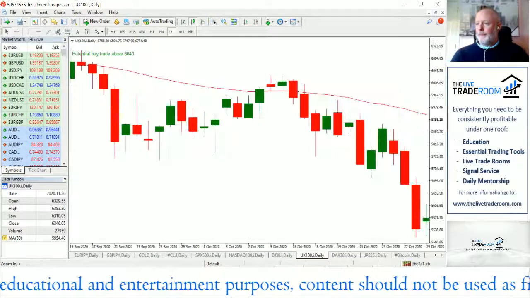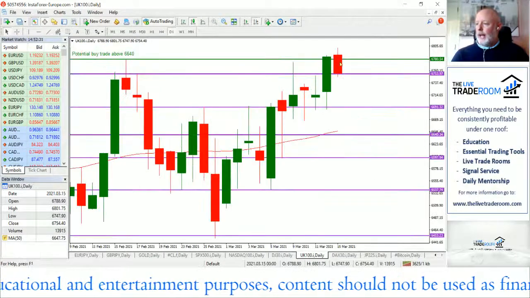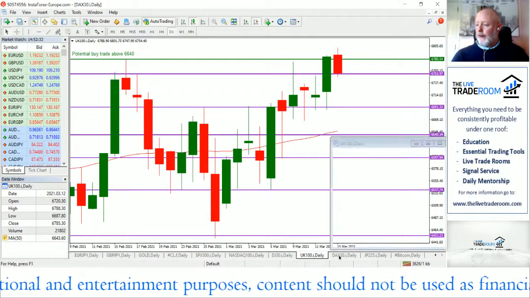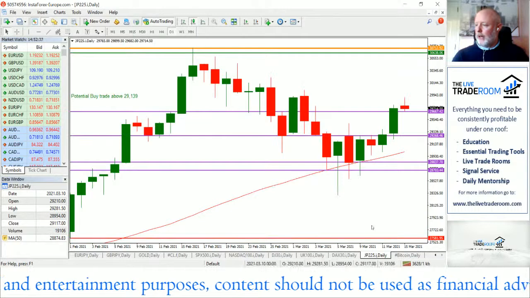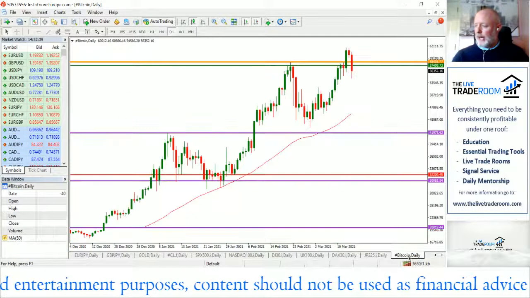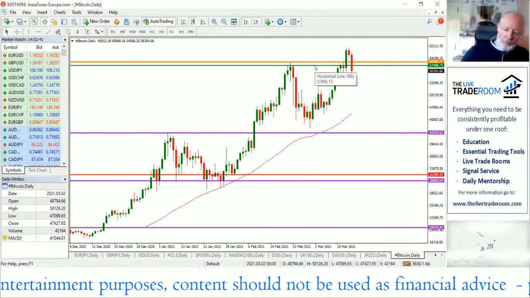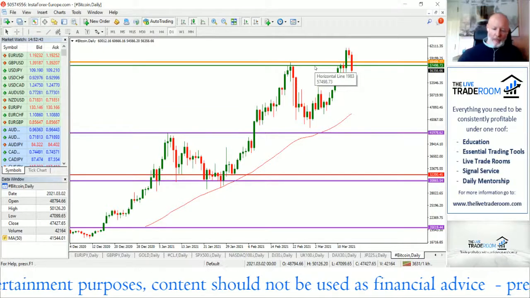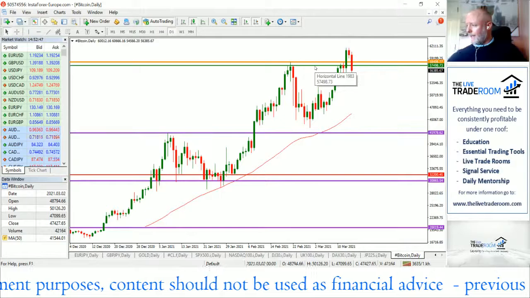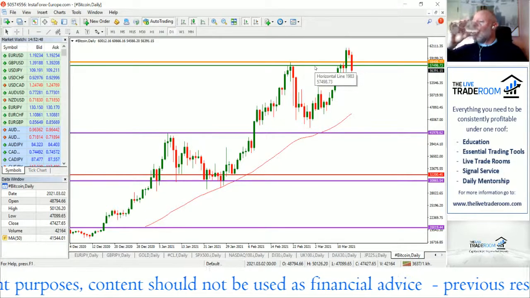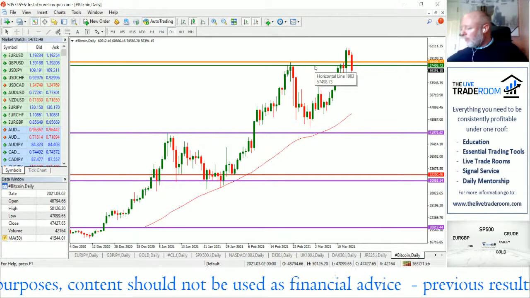The FTSE, we've gapped higher and then kind of rolled further to the downside. The DAX is looking quite weak, and so the equity markets for this session so far, and we've got a lot of US capital coming into these markets now in the next 6-7 minutes. The German foreign minister says he does expect the EU to agree on human rights sanctions against China.